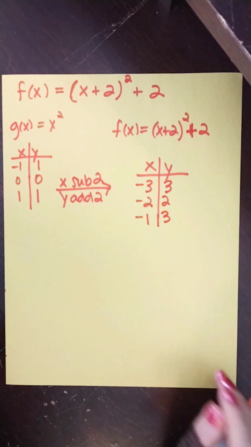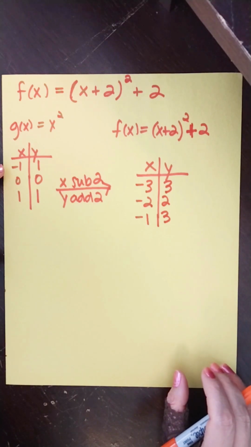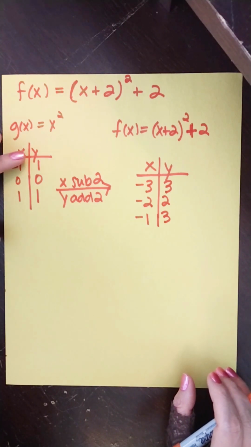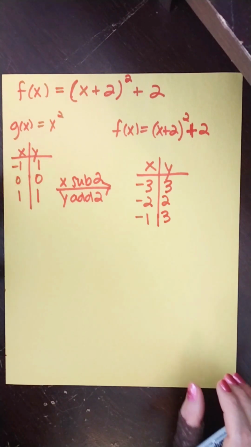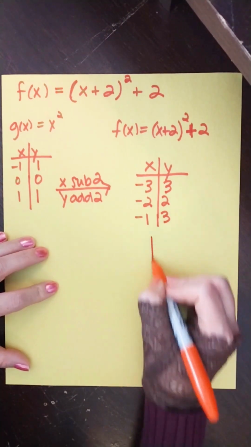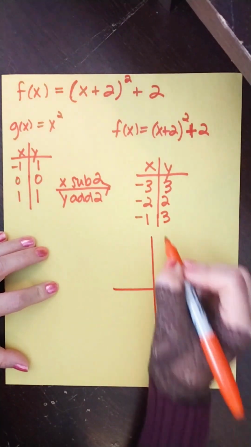Okay, so let's just make sure all the arithmetic is correct. So it's -3, -2, and -1. And then 1 plus 2 is 3, 0 plus 2 is 2, and 1 plus 2 is 3. And then we can just put these on our graph.